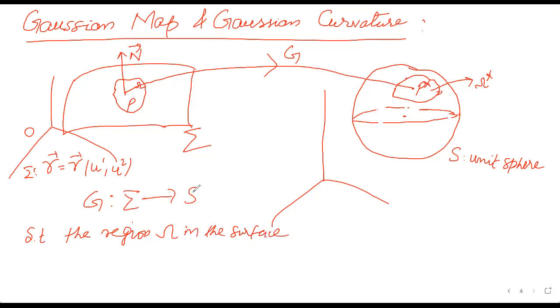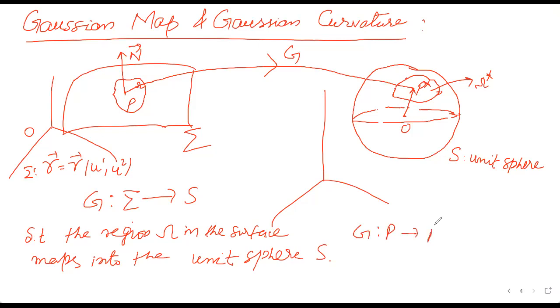In the surface, maps into the unit sphere S. So now G is a map in such a way, suppose it is a center O. So G is a map which is mapping P to P star, right? When G maps omega to omega star, it will map point P somewhere here to P star, definitely, right? Every point mapping in the sphere.